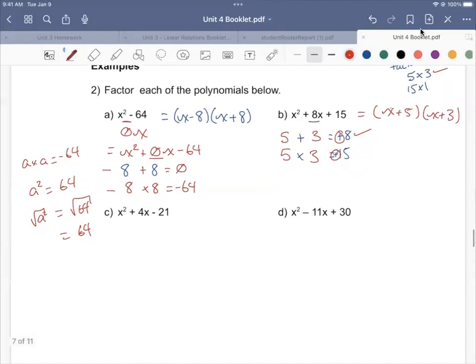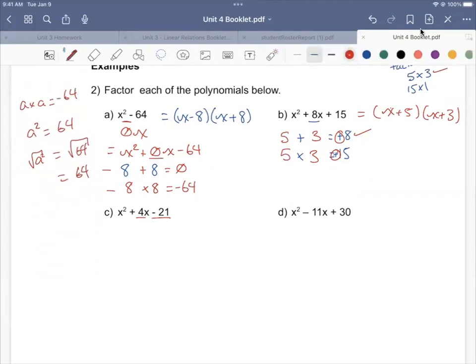If I take a look at this one down here, I have +4 and -21. I need two numbers that add together to give me 4 and that multiply together to give me negative 21. In this case, one of them has to be negative because of that negative sign.